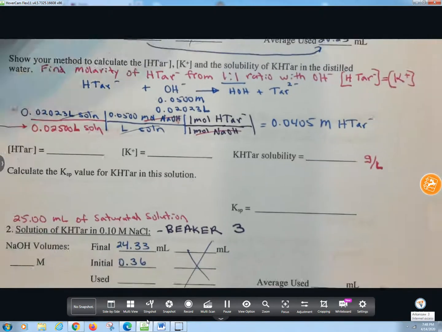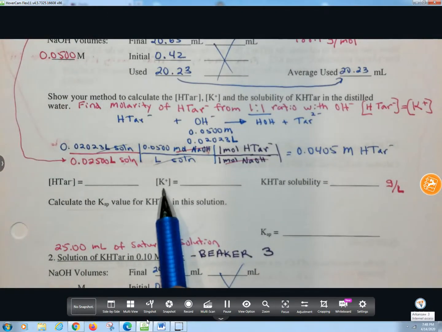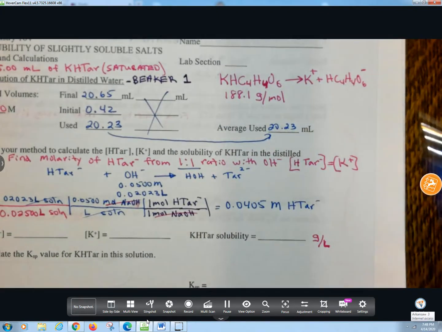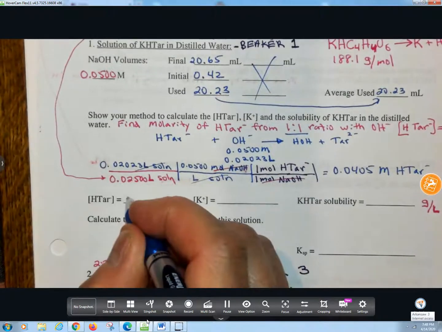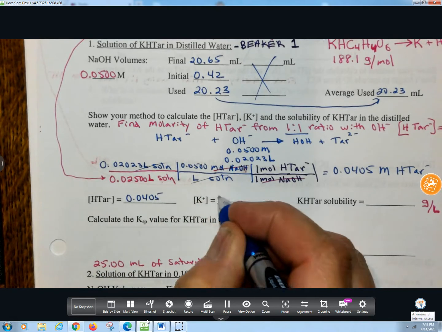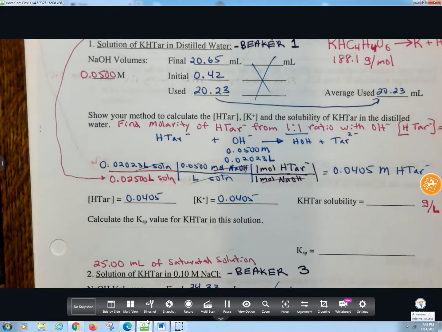And we know that that is the same for K+. Right? There's no common ion in here. So I know my molarity here is 0.0405, 0.0405.